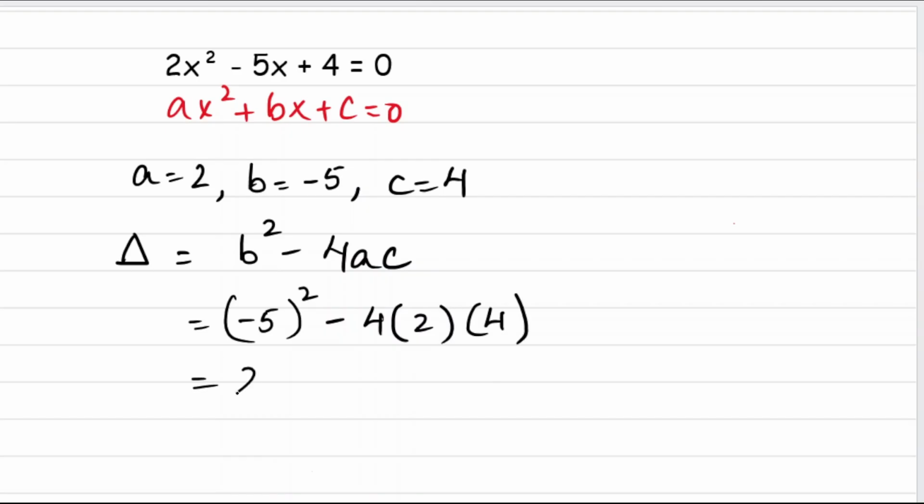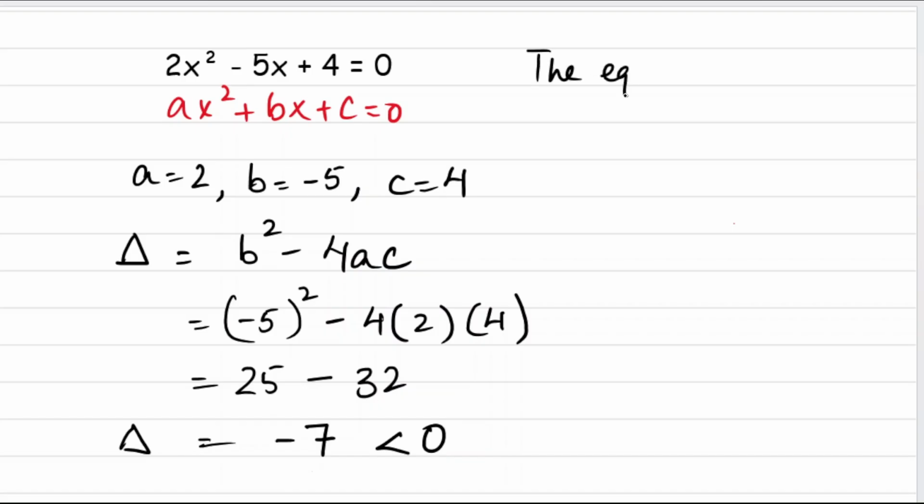Minus 5 whole square gives me 25 minus 4 times 2, 8, 8 times 4, 32. 25 take away 32 is negative 7, and this delta comes out to be less than 0. So when the discriminant is less than 0, in that case, the given quadratic equation has no real roots.